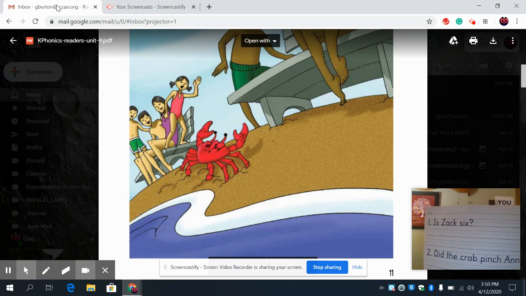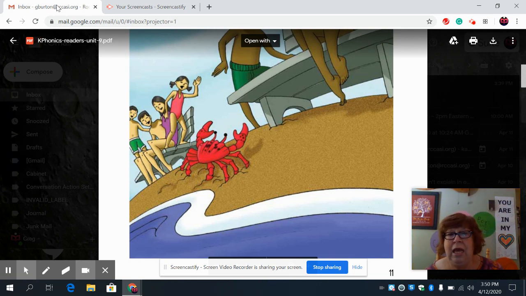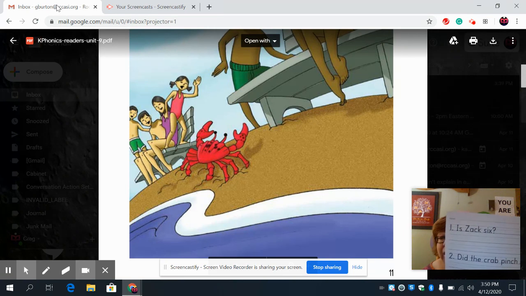Now, if you don't have a printer to print out the sentences, you can go on and copy the sentence, pull it up on the screen, and just copy the sentence, then answer it using a full sentence. Reminder, all of our sentences are going to begin with a capital letter. All of them are going to have spaces between the words, and all of them are going to end in a punctuation mark. Now, tomorrow we will talk about what the answers are to the questions that I'm asking.